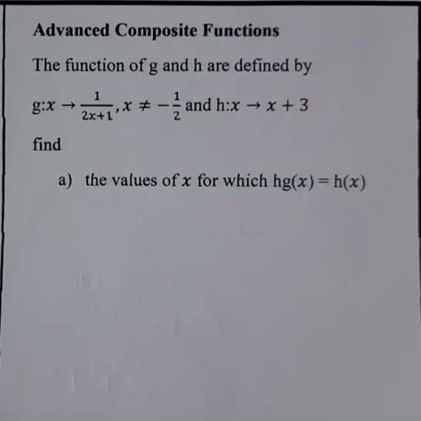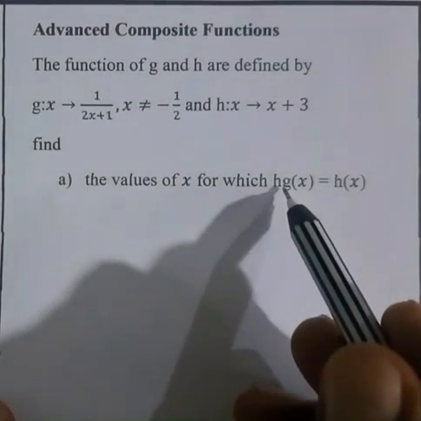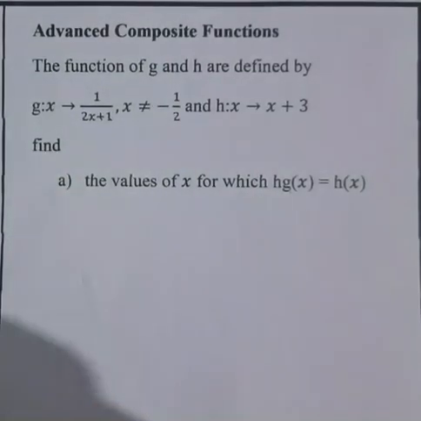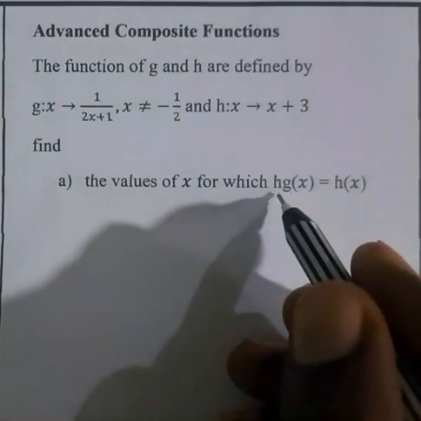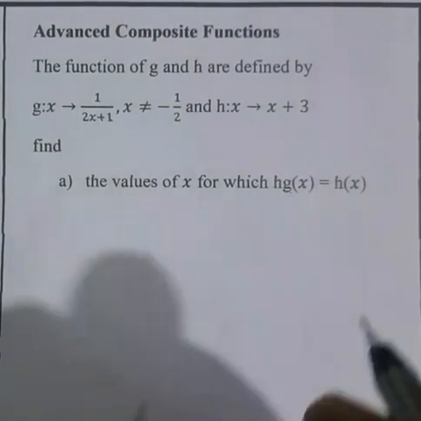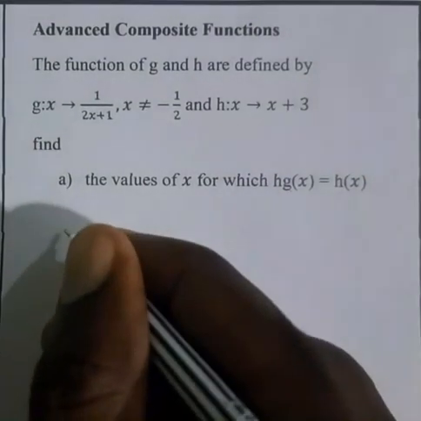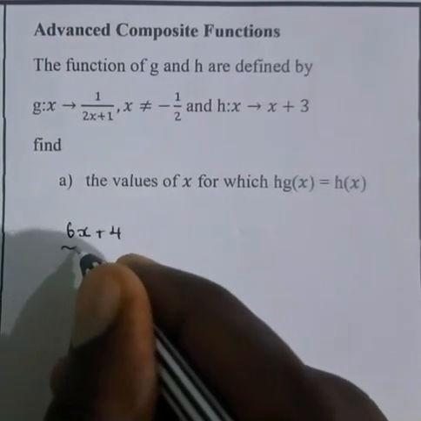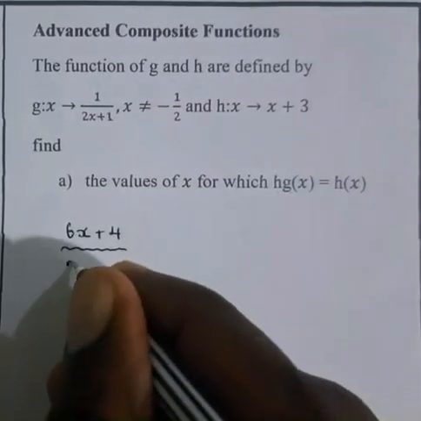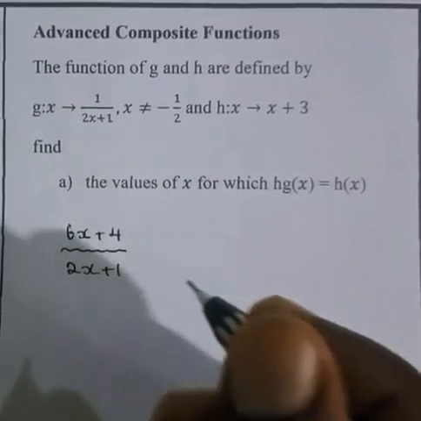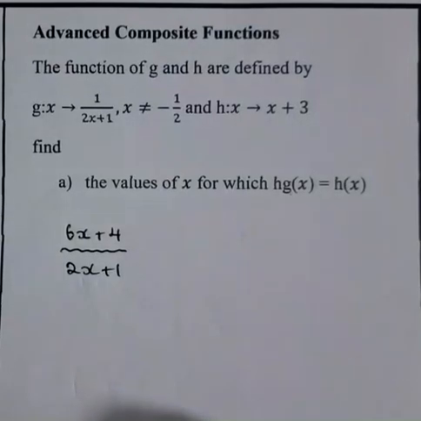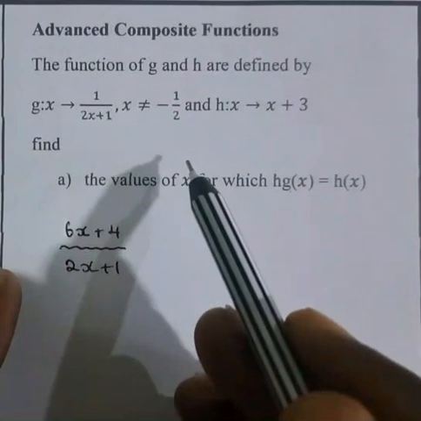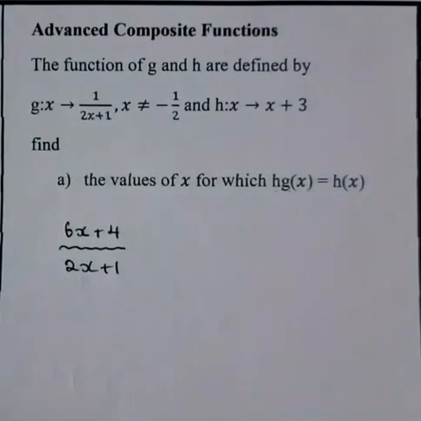Remember that h of g of x, we found out from the previous video, was 6x plus 4 over 2x plus 1. But don't worry, even if we just use these the way they are, we're going to arrive at the same answer.